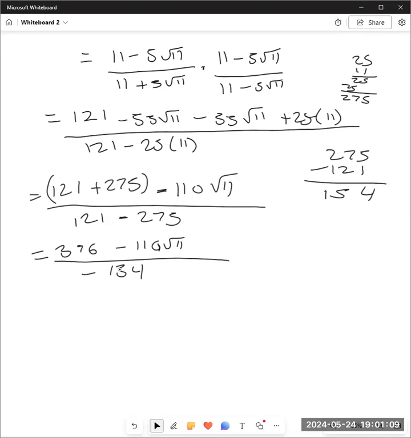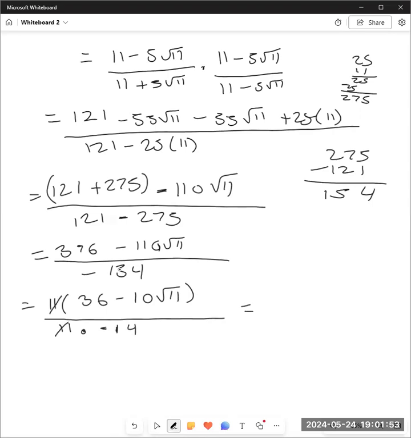And I see that we have some common factors here. So everything appears to have factors of 11. Let's factor that out. This is 11 times 36 minus 10 root 11 over 11 times negative 14.